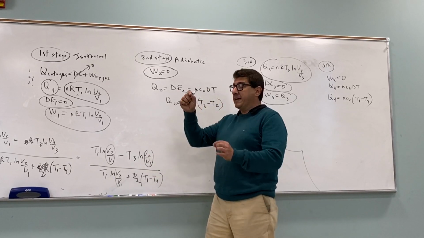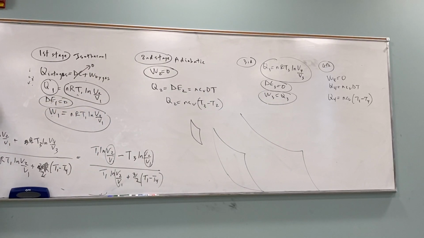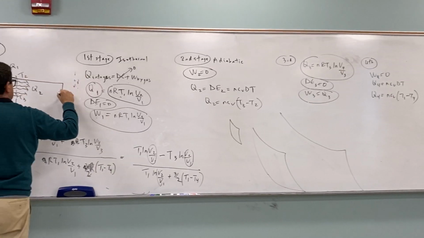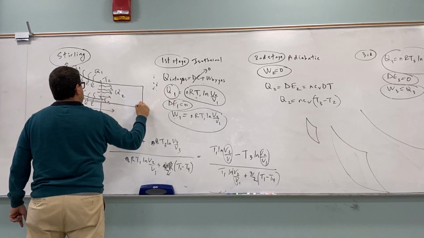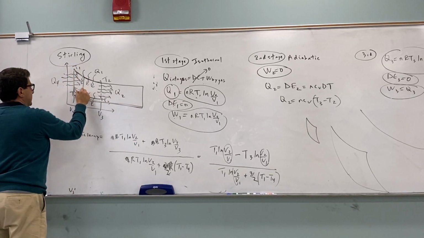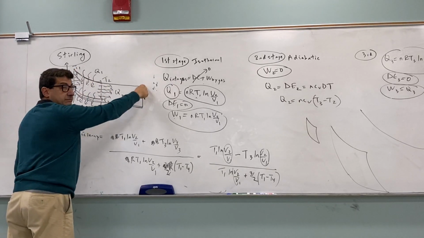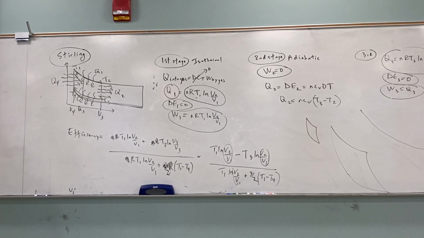So the more you make the ratio of the volume, in other words, a Stirling engine that's like this is going to be a lot more efficient than a Stirling engine that's like this. Not only does this one do a lot more work, it also does more work more efficiently.